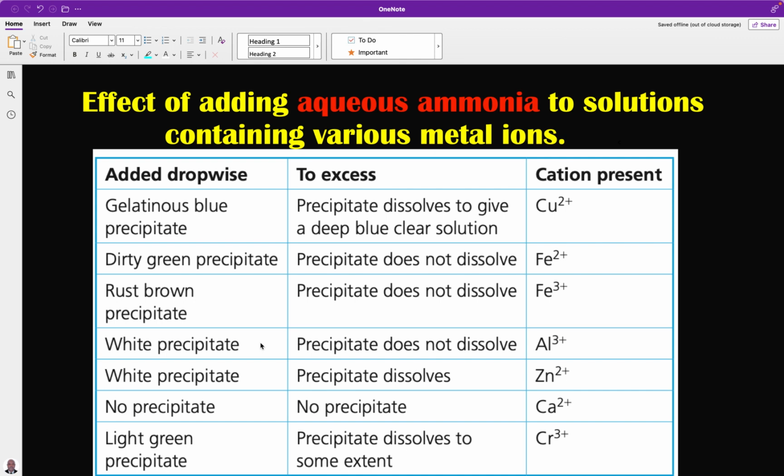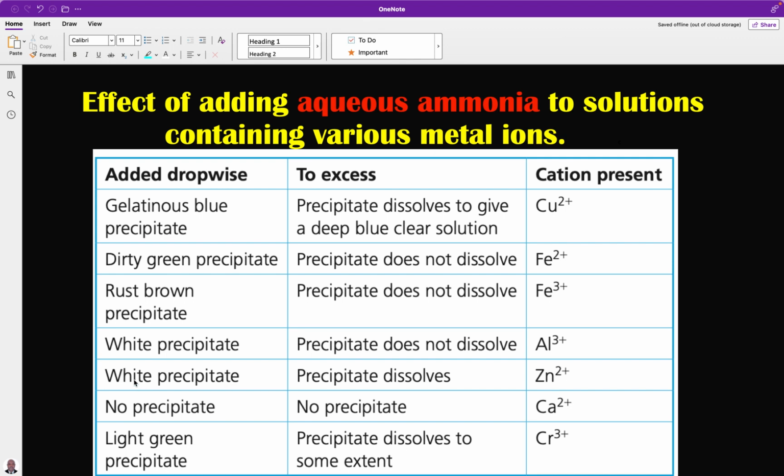Then we proceed in adding the aqueous ammonia to excess, and we observe that the white precipitate does not dissolve. Our inference, or the likely cation that is there, is aluminum ion.